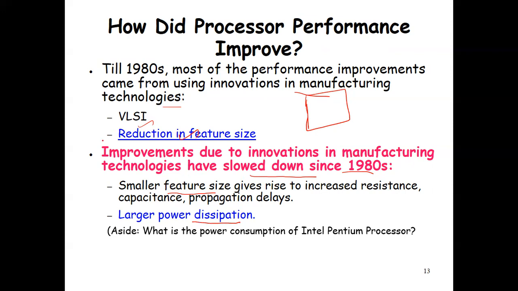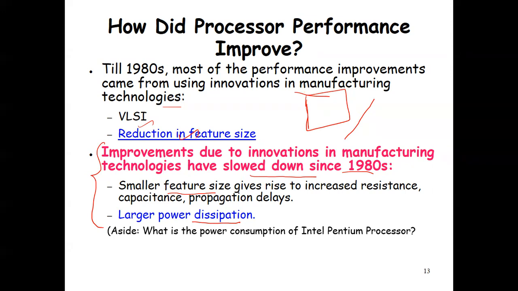So after the 1980s, we are unable to improve the performance by innovation in manufacturing technology. See, everything has a threshold, right? If you keep on packing more and more transistors inside the same chip, what happens? It creates other problems.